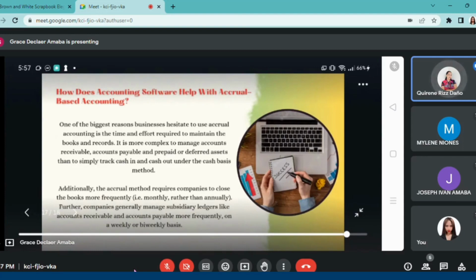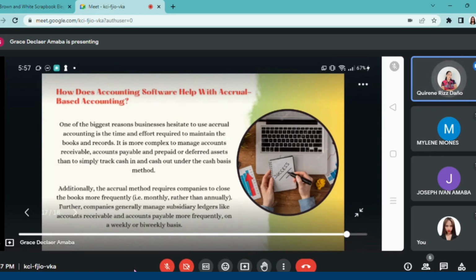So, how does accounting software help with accrual-based accounting? One of the biggest reasons businesses hesitate to use accrual accounting is the time and effort required to maintain the books and records. It is more complex to manage accounts receivable, accounts payable, and prepaid or deferred assets than to simply track cash ins and cash outs under the cash basis method.